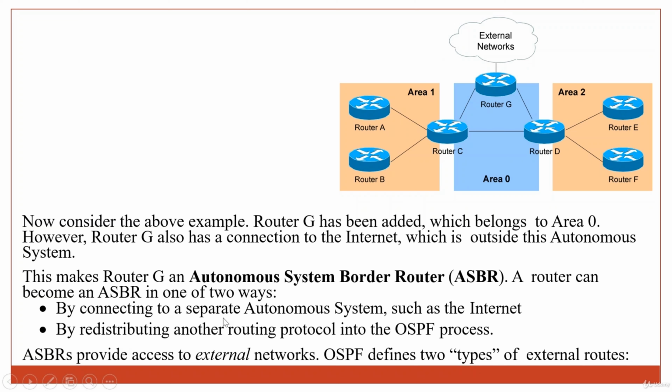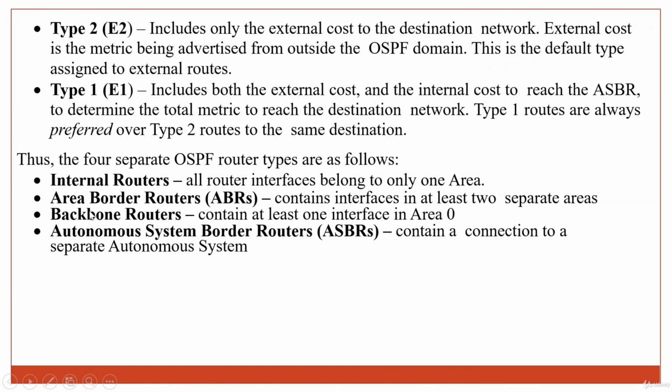If we have any other routing domain, that will be termed a separate autonomous system, and then you have to do the redistribution. Obviously router G will do the redistribution from EIGRP to OSPF when it is coming to OSPF, and OSPF to EIGRP when you are sending your update to the EIGRP domain.